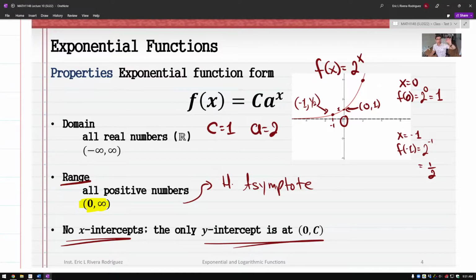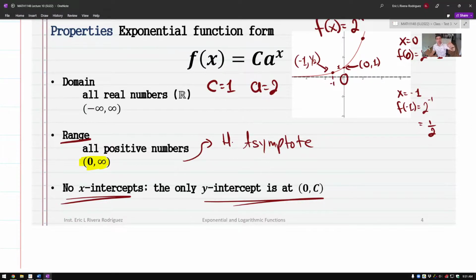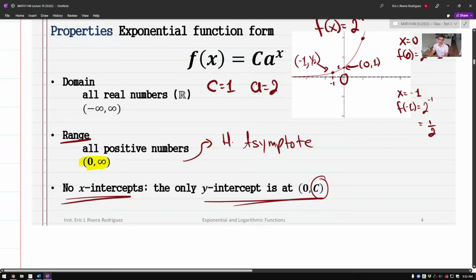That will turn the base's value equal to 1. If the value of c, the constant, is 1, then the y-intercept is (0, 1). If the value of c is different than 1, then the y-intercept is at (0, c).